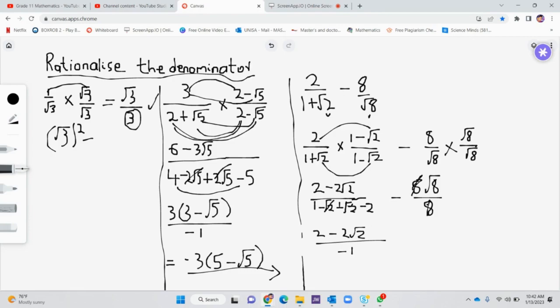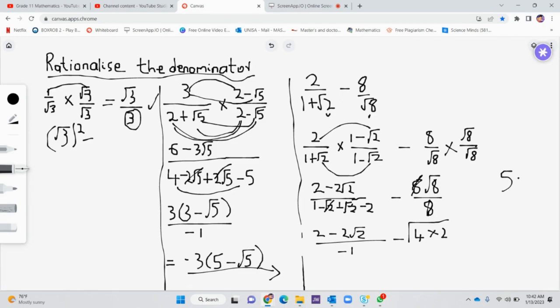8 cancels with 8. And then that root 8 we do not leave alone, because we know that 8 can be 4 times 2. Always check that number. If you can make it a certain number multiplied by a perfect square, please do not leave it alone. Like a 50.